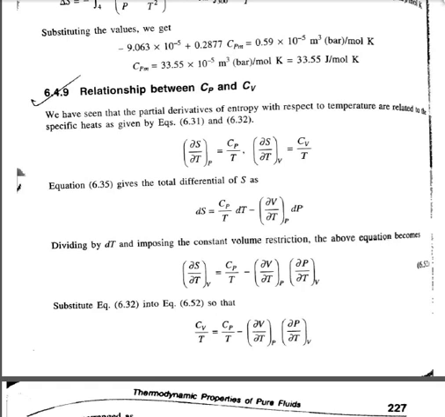it gives us del S by del T at a constant pressure, having a value Cp by T, and entropy del S by del T at constant volume is Cv by T. Okay, this relation we already know, also we discussed in previous sections.